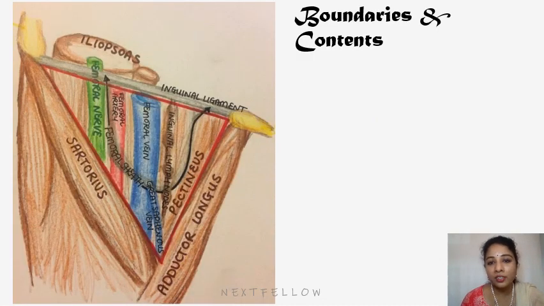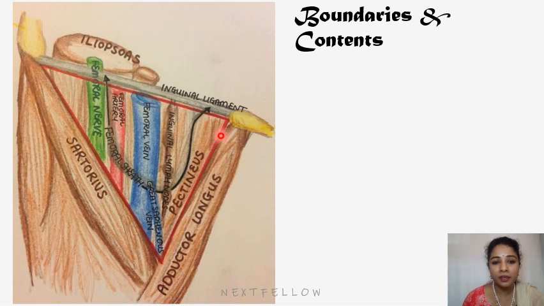So let's check out its boundaries and contents. It is almost triangular, so it is called a triangle in outline. It has a base which is formed by the inguinal ligament.